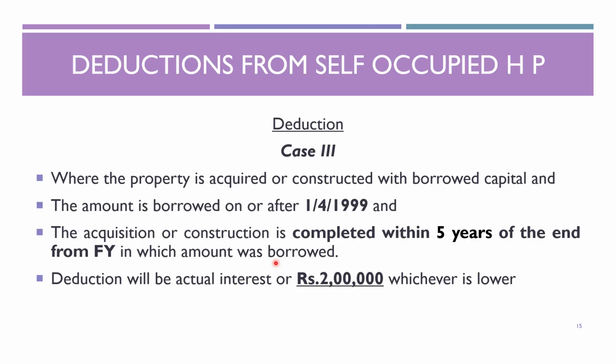The financial year ends on 31st March 2021. 5 years you calculate. So 22, 23, 24, 25, 26. So by 31st of March 2026, you have to complete the construction or the acquisition of that particular house property. Only then you can claim the interest up to 2 lakhs.